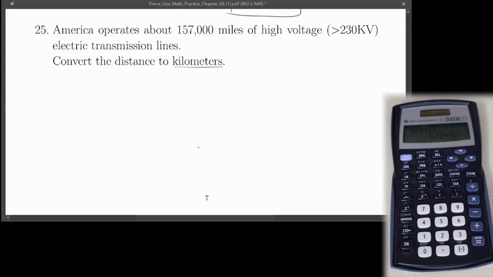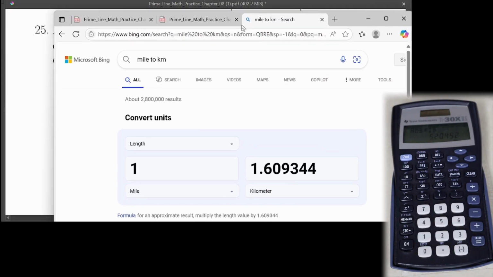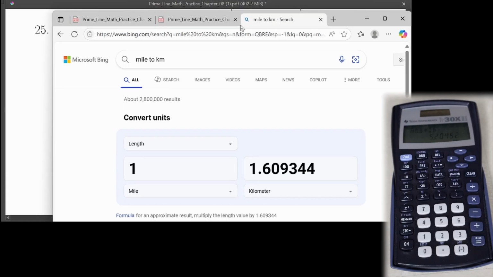So real quickly, let's bring up our conversion. From our web search, we can say that 1 mile is equal to 1.609344 kilometers.